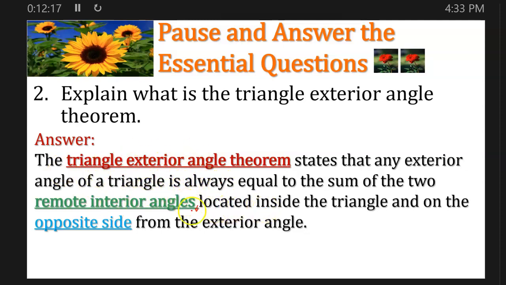I went further and said the two remote interior angles are located inside the triangle and on the opposite side from the exterior angle. That's just really for you guys so that you can get another idea of what those two remote interior angles are. If you stopped there and didn't go on with the explanation, that's okay.